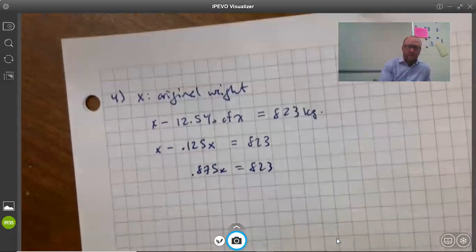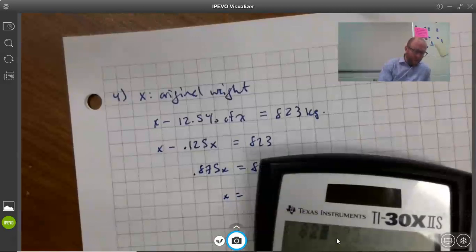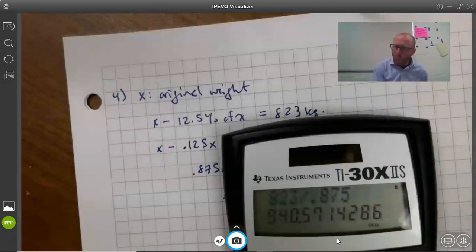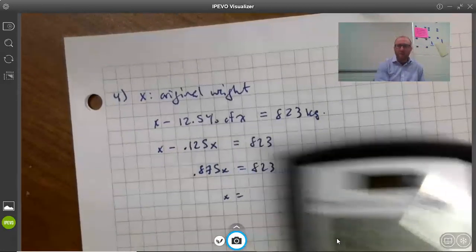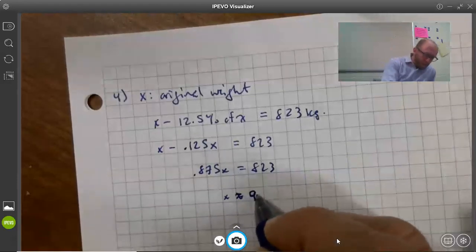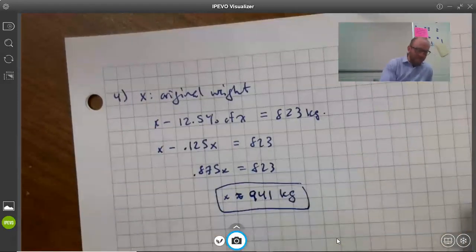And then divide by 0.875 on each side, and we get 823 divided by 0.875 is 940.5. We're told to round to the nearest whole number, so 941. I'll put approximately 941 kilograms.